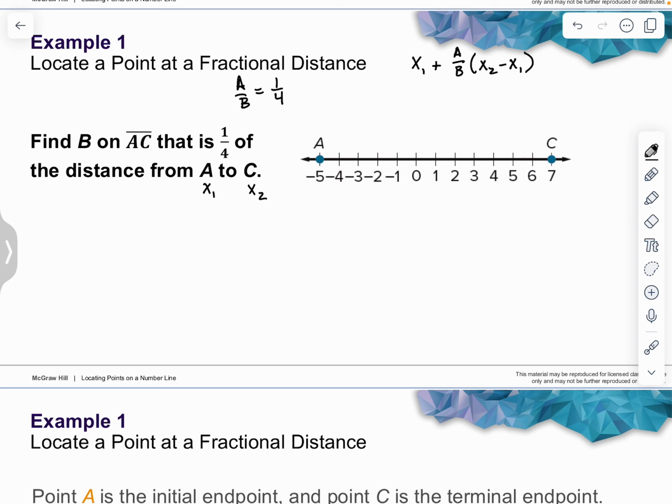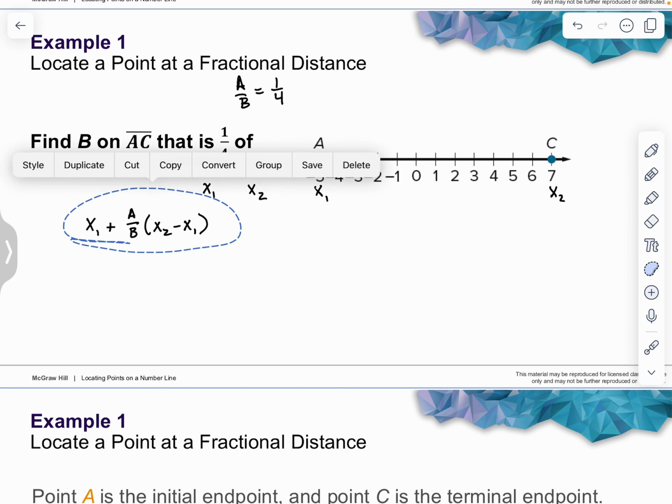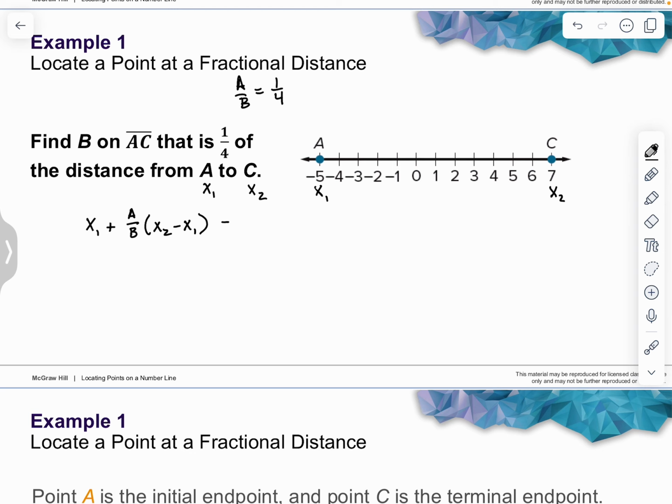So if our A is our x1, x2, plug it into that equation. I'm just going to grab it and pull it straight on down here. That should equal our point B. So x1 is -5 plus 1/4 of 7 minus -5.